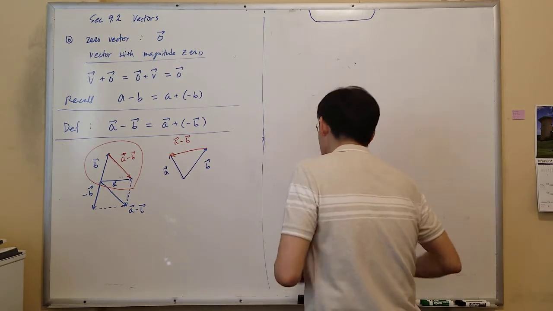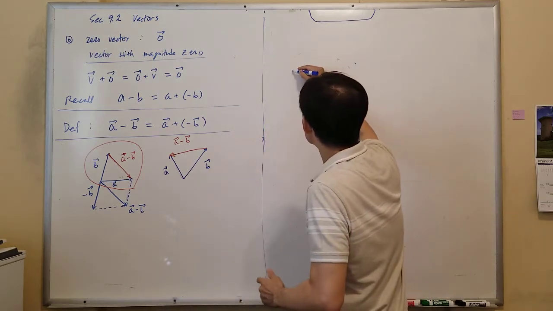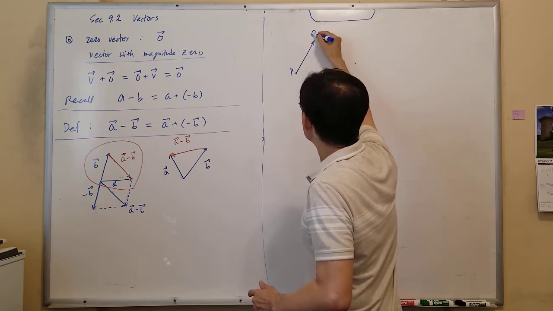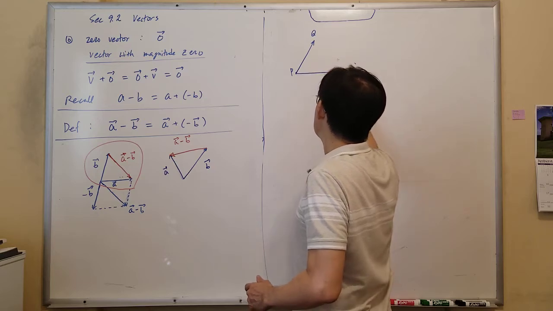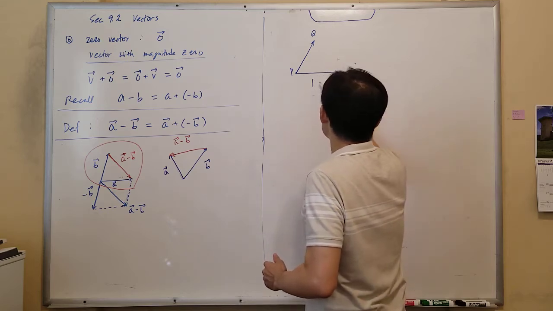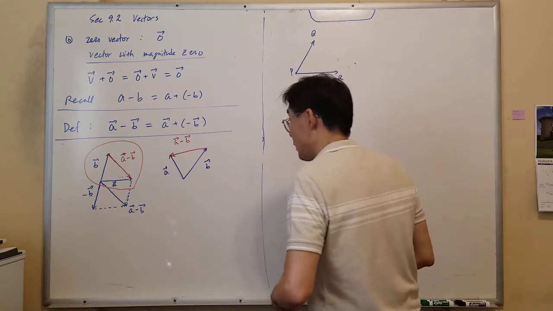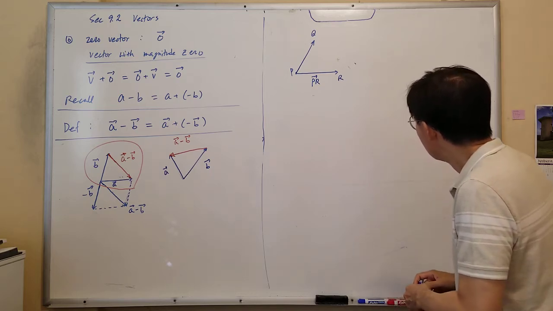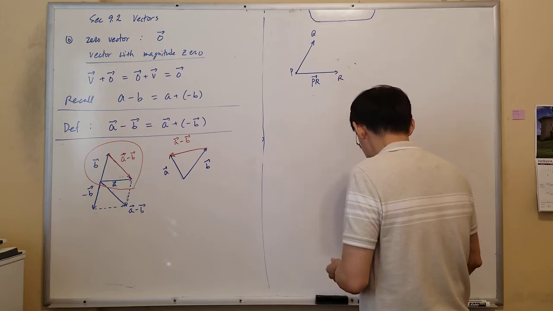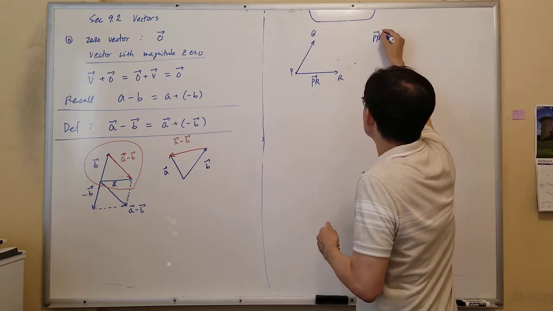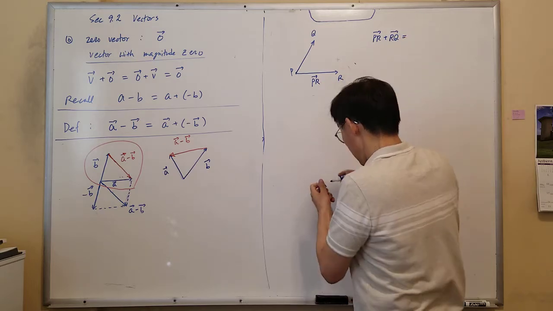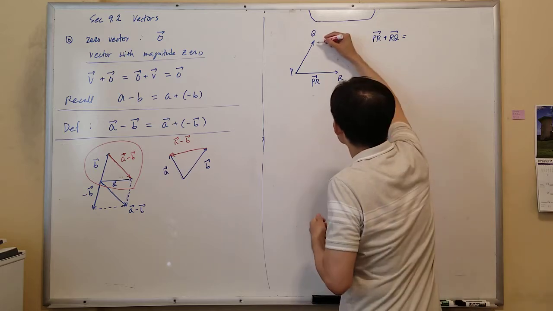Let's say P to Q, P to R. Look at this: PR plus RQ is back-to-back addition.